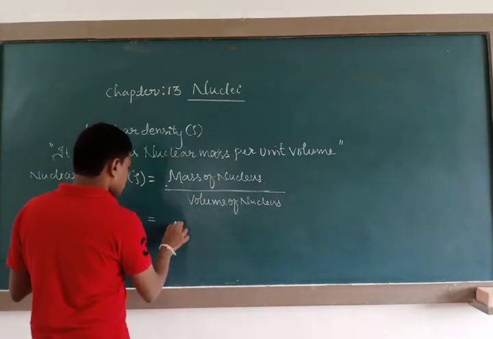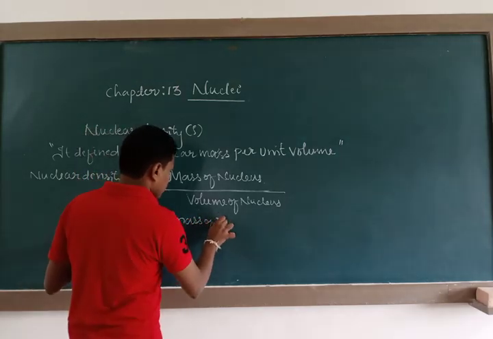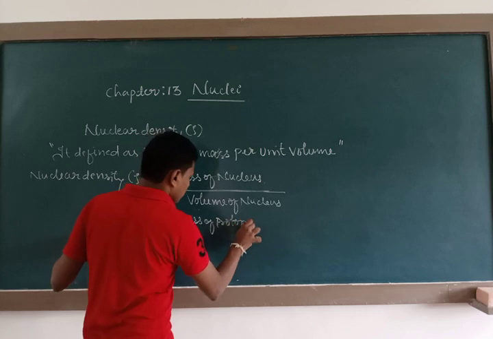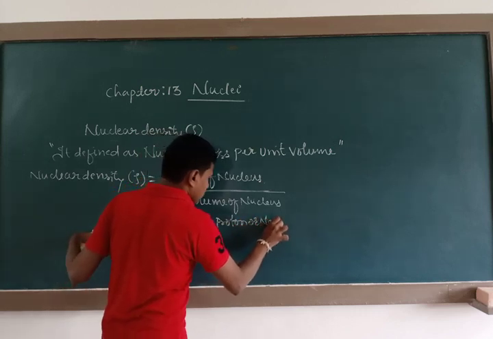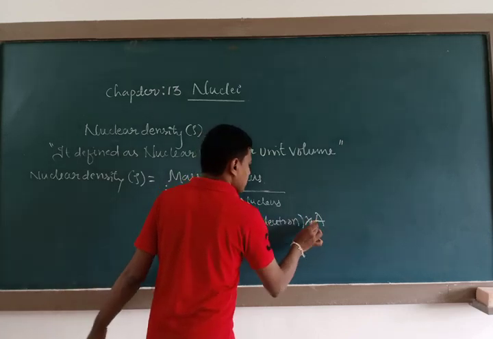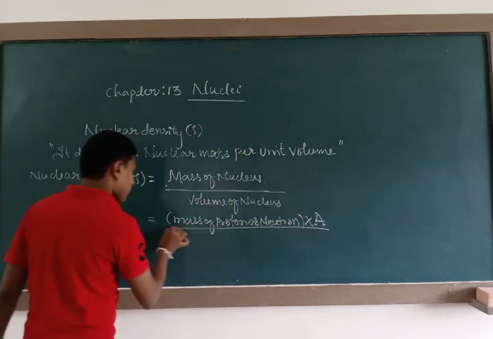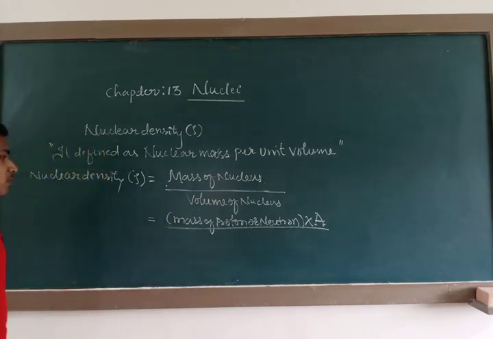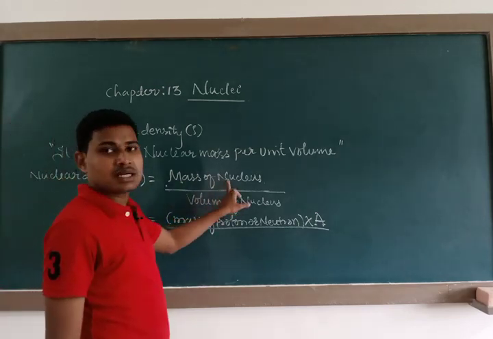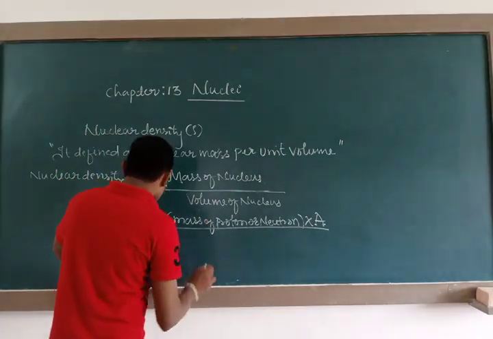Therefore, mass of proton or neutron into A. In general, I am taking the element having mass number A. If I multiply with the mass of a proton or neutron, I express that mass in terms of AMU.